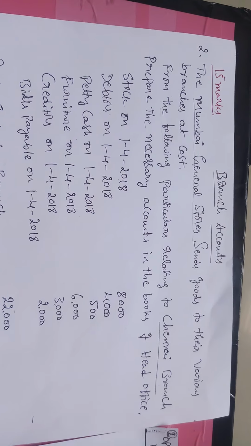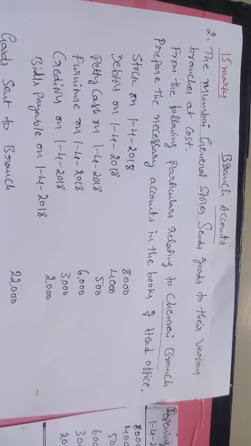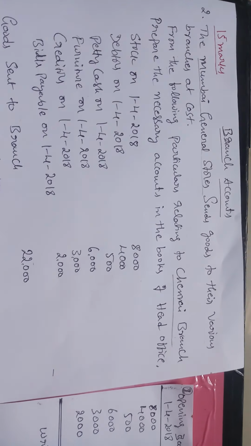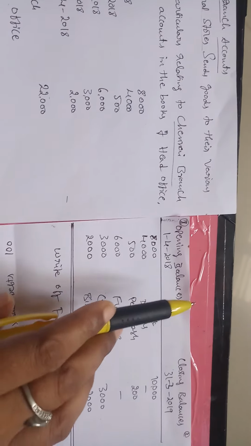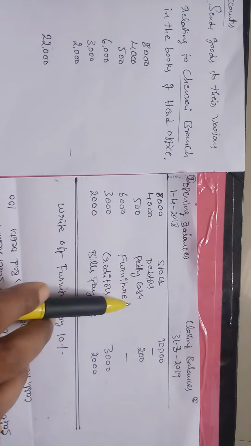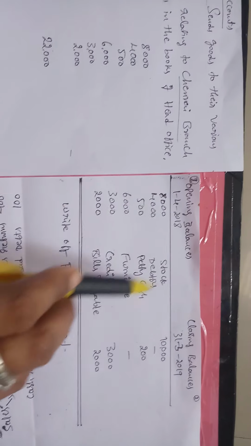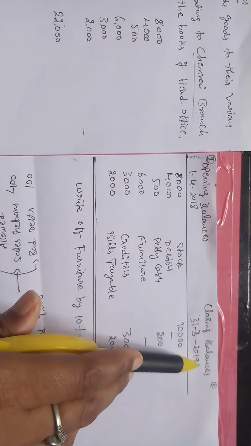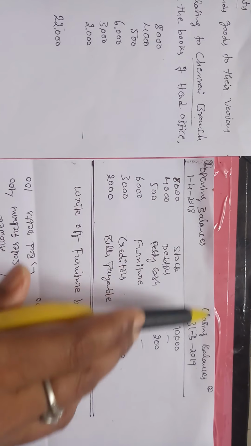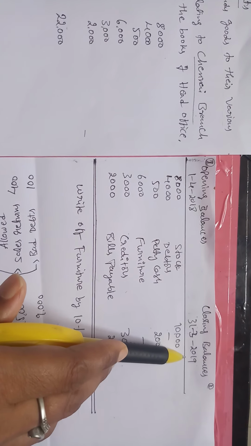Here in this problem, I'm solving using the first method, so I'm writing the problem here. The first step I did was opening balance and closing balance. That's opening on 1/4/2018 and closing on 31st March 2019.